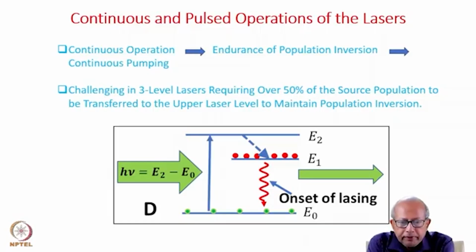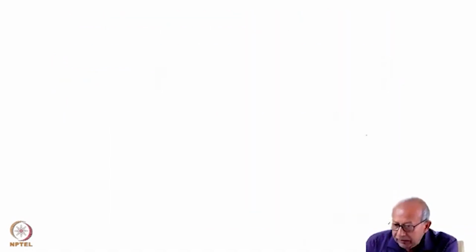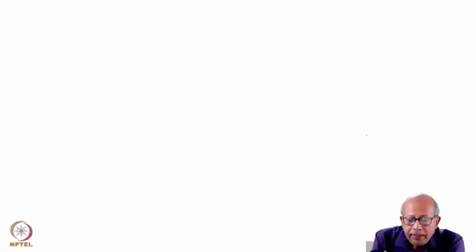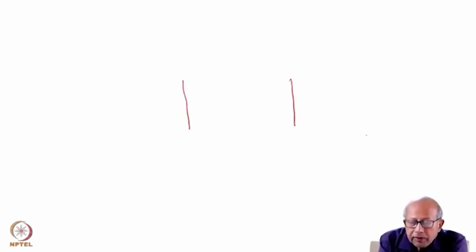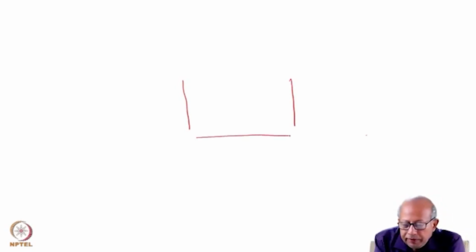All right. Over the past few weeks, we have basically seen the important role a cavity and a population inverted medium play in the making of a laser. A cavity essentially means two high reflectivity mirrors placed parallel to each other at a given separation.